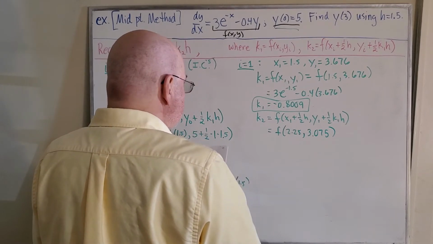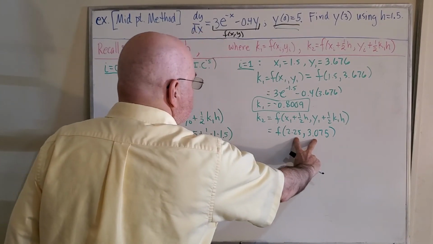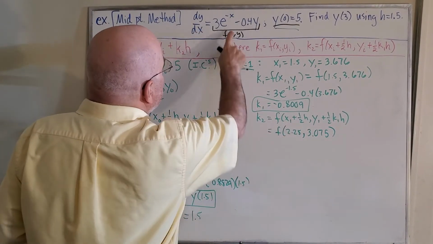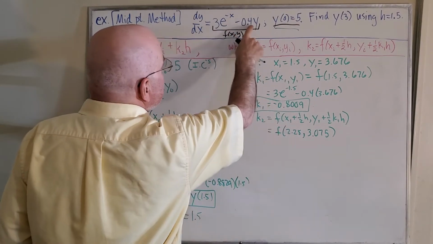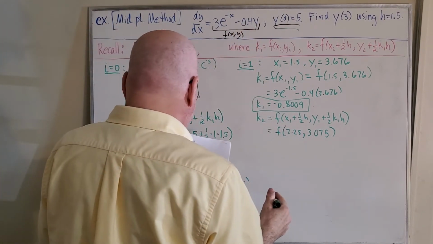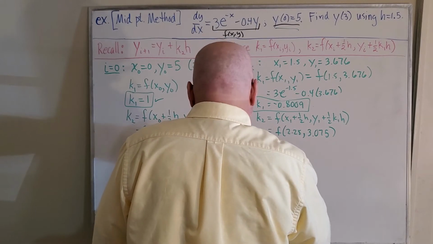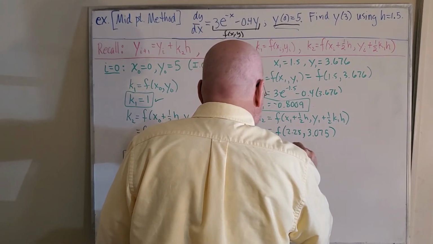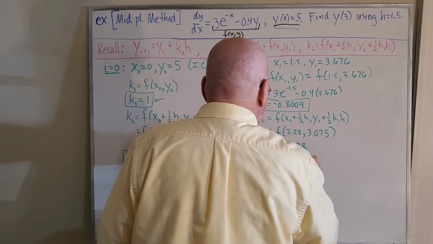And if you take those two numbers, 2.25 for x and 3.075 for y, and plug them in, you get negative 0.9138.